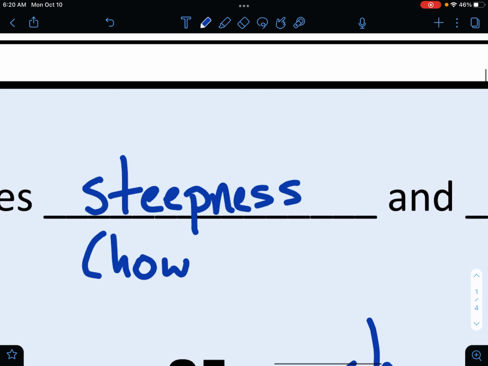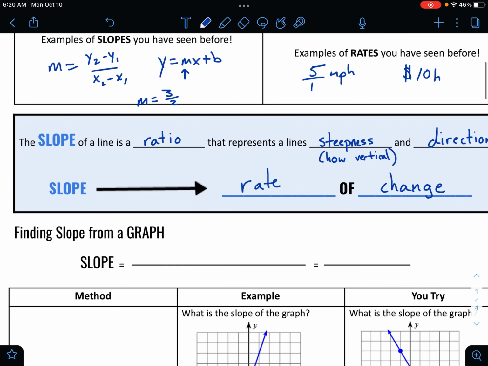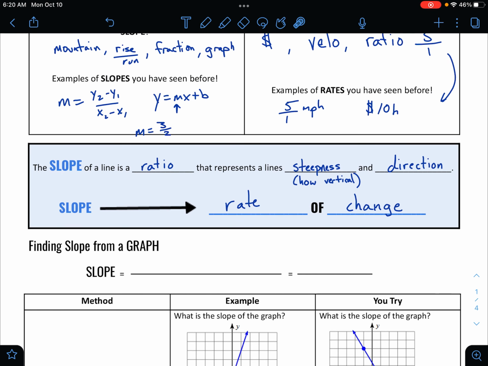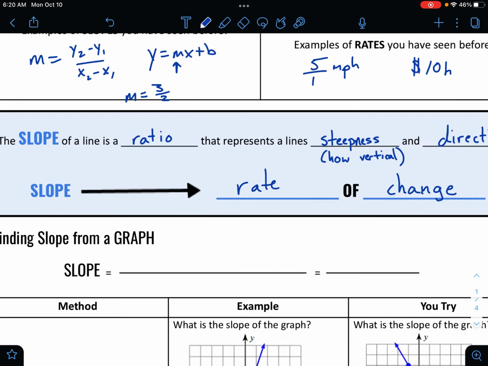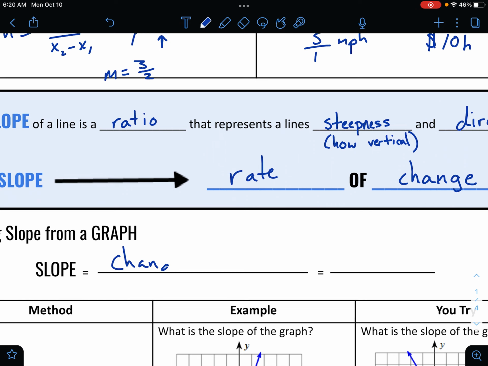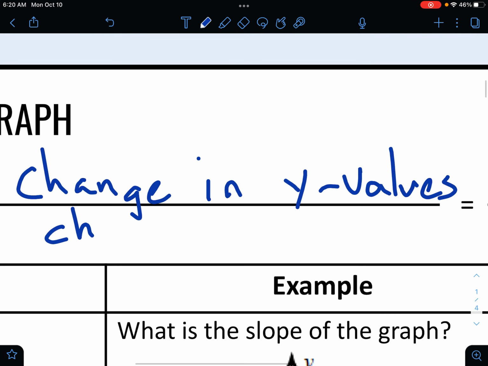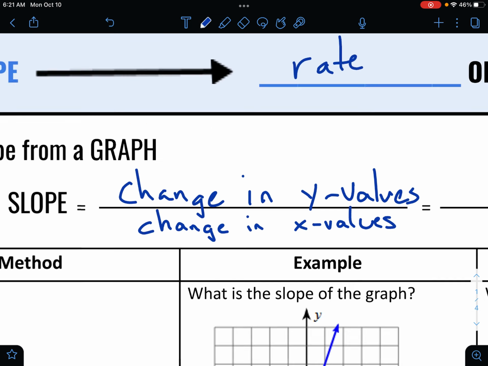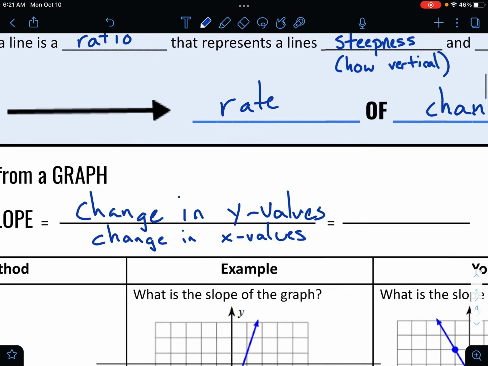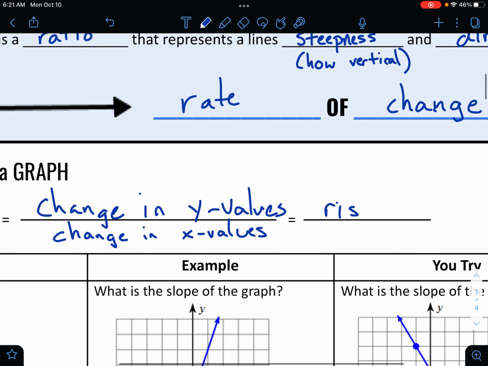Okay, finding slope from a graph. So slope on a graph, we already talked about this actually up here. There's a couple ways you can look at it, but we look at it as the change in y values over the change in x values, which we are more familiar with as rise over run.